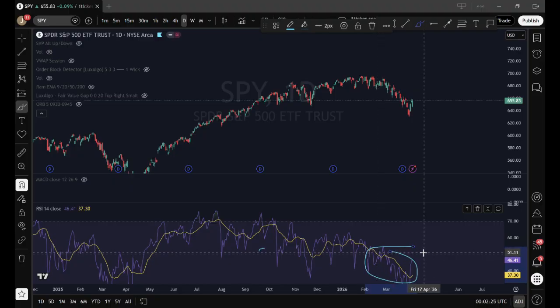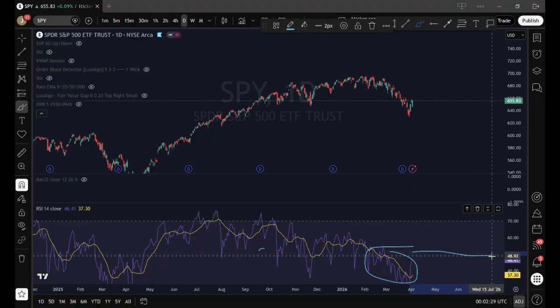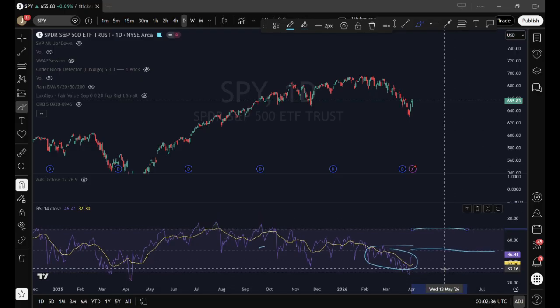It moves between 0, which is right here, and 70 and 30, which is down here. I like to change my settings to 60 and 20 so I have an earlier entry.